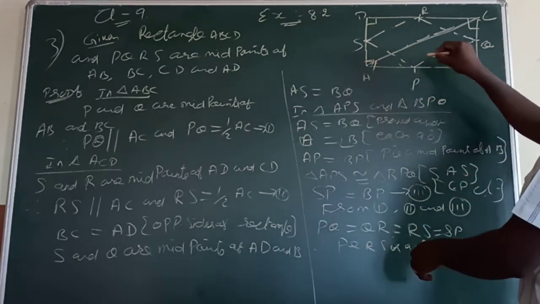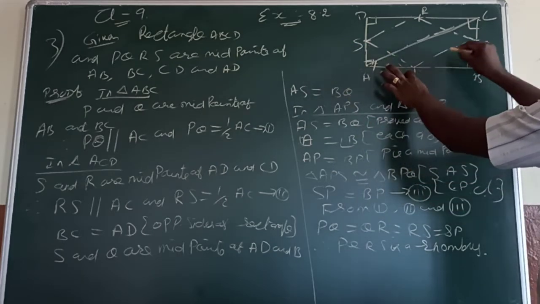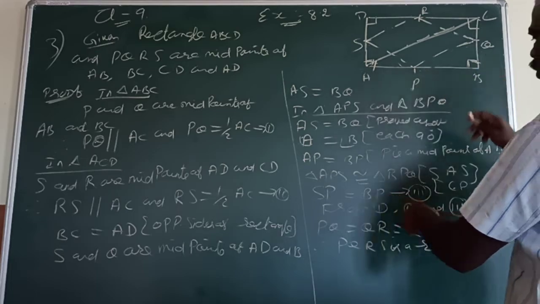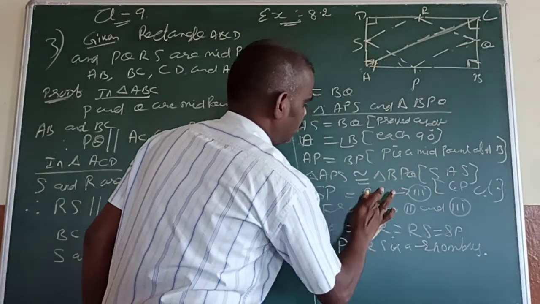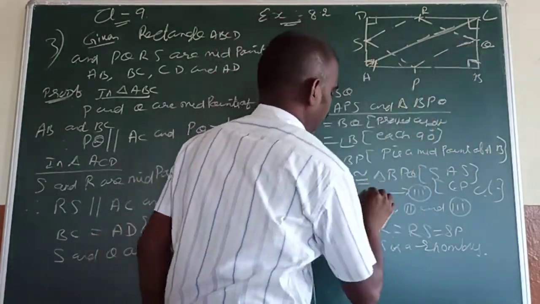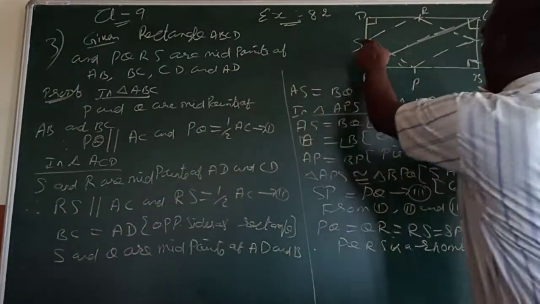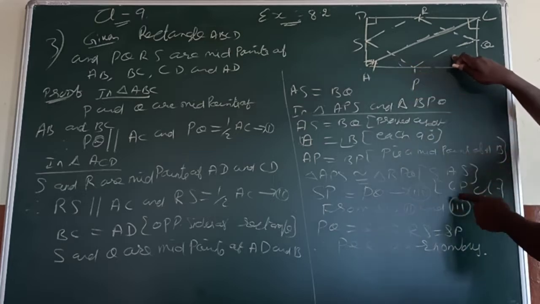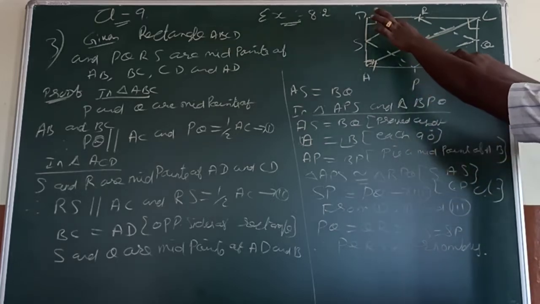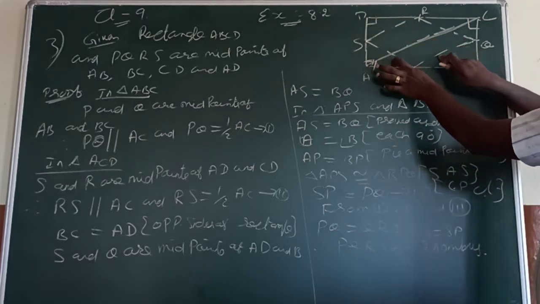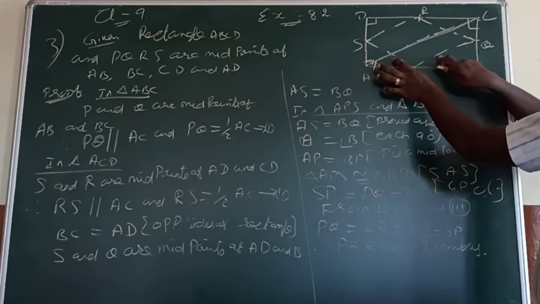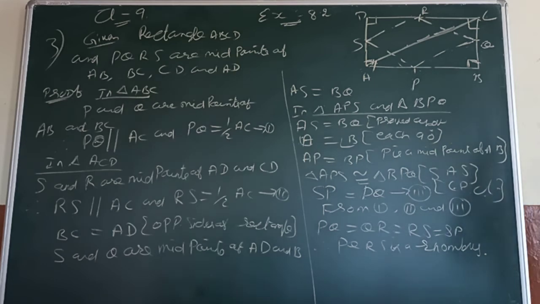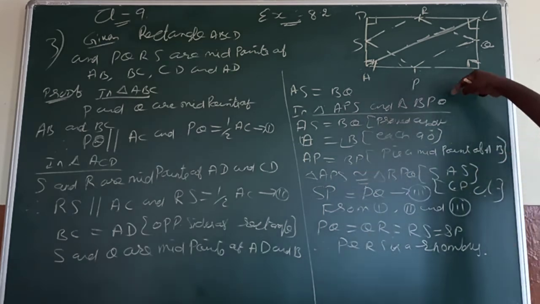If these two triangles are congruent, SP and PQ are equal by CPCT. Already these two sides are equal, now these two sides are equal. That means all the sides are equal.